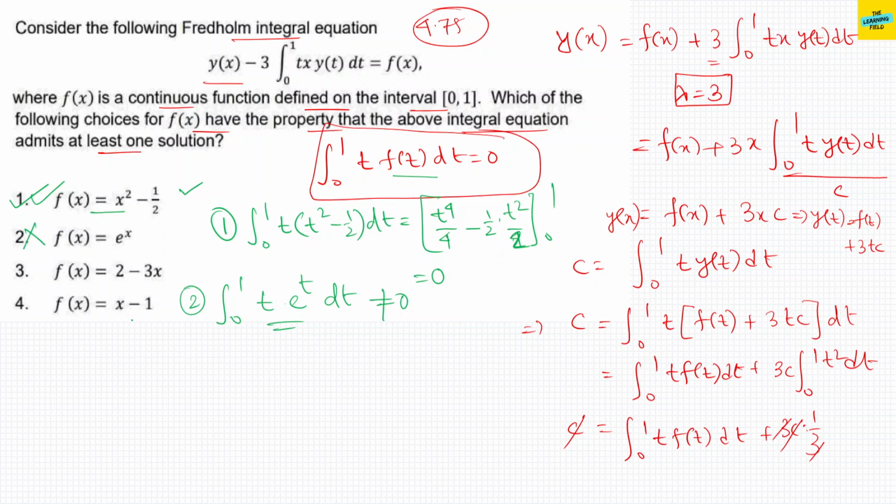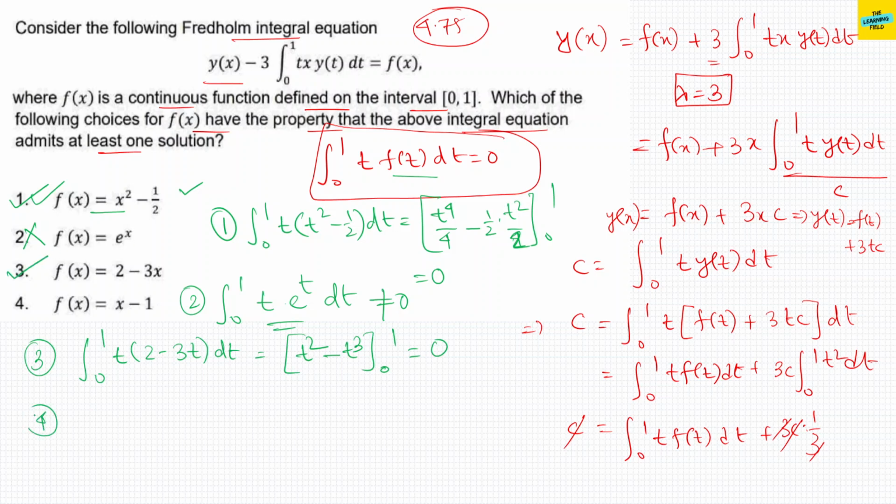Now for option 3, if we take f(t) equal to this, then ∫₀¹ t(2 − 3t) dt equals t² − t³, and putting the limits 0 to 1, this is equal to 0. Therefore this also satisfies, that means option 3 is also correct.